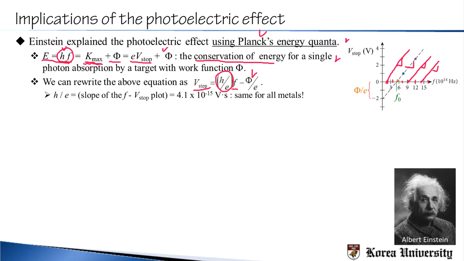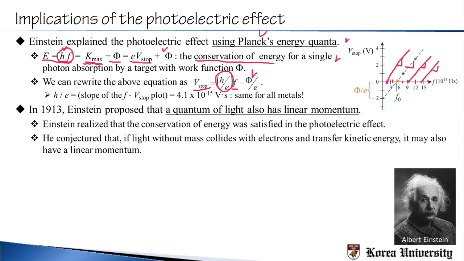Okay, and Einstein, of course, didn't stop there, and he proposed a new thing. This collision between the light and the electron is just like the collision experiments we have seen before. So the conservation of energy was satisfied. But there's another thing that has to be conserved during this collision process, which is the linear momentum.